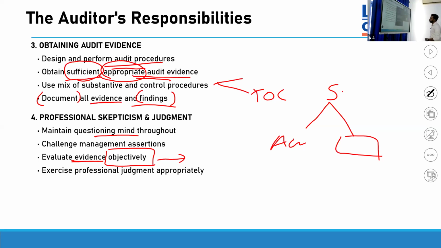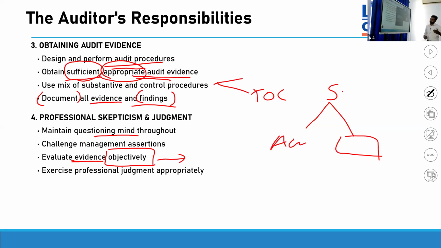So what do extent of procedures and operating effectiveness mean, and what are substantive procedures? For the time being, please keep those things in your mind because there is a separate chapter for these audit procedures. At that time, we will study those things. What are the audit procedures that we should perform in an audit? Under that, there are two types. One is test of control, the other one is substantive procedure, right?